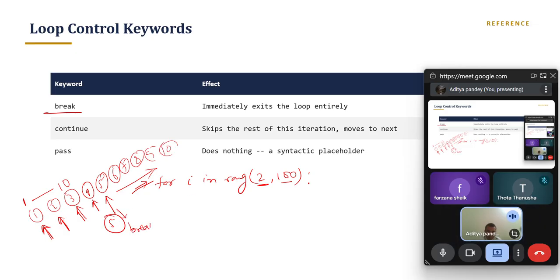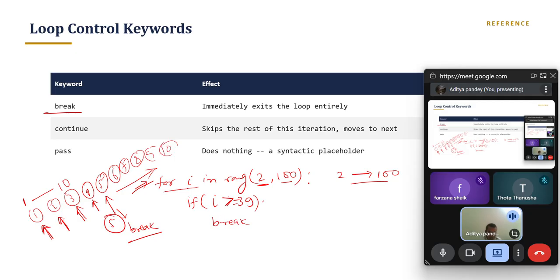Similarly, if your loop is going on from 2 to 100, we can write one condition. If my I is greater than or equal to 39, I don't like, then what you do?